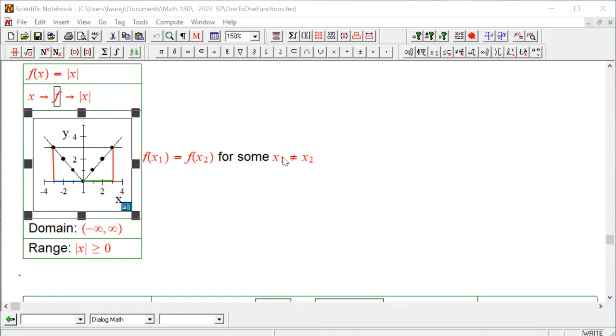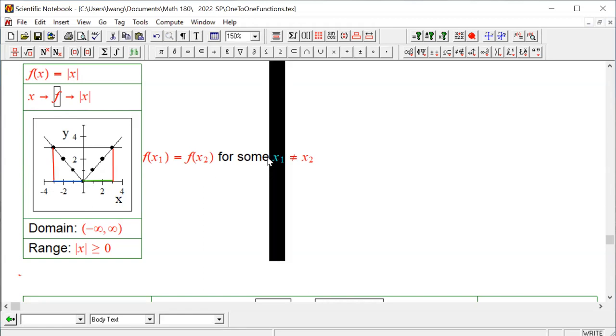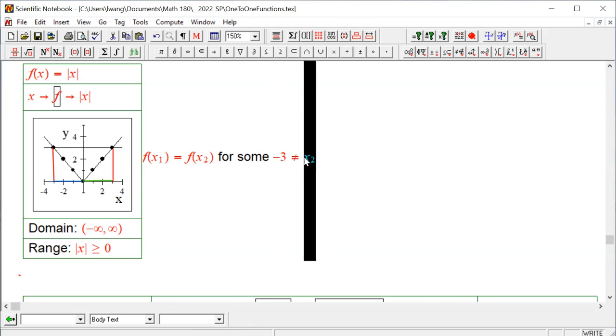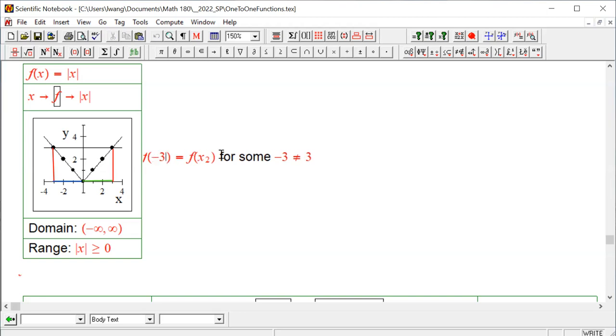So for x1, we can choose x1 to be -3. -3 is not the same as 3 for sure, but what is f of -3? What is f of 3?